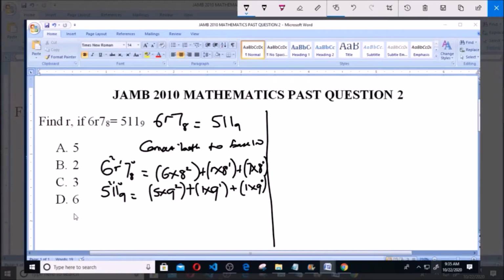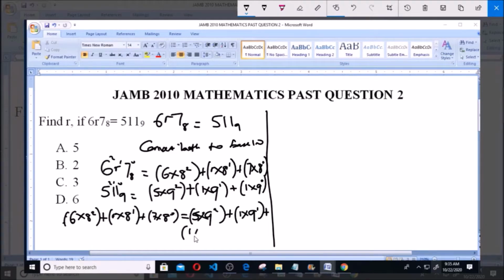Now, therefore, we have that 6 multiplied by 8 raised to the power of 2 plus R multiplied by 8 raised to the power of 1 plus 7 multiplied by 8 raised to the power of 0 is equal to 5 multiplied by 9 raised to the power of 2 plus 1 multiplied by 9 raised to the power of 1 plus 1 multiplied by 9 raised to the power of 0. The left side represents 6R7 base 8 and the right side represents 511 base 9, both converted to base 10.